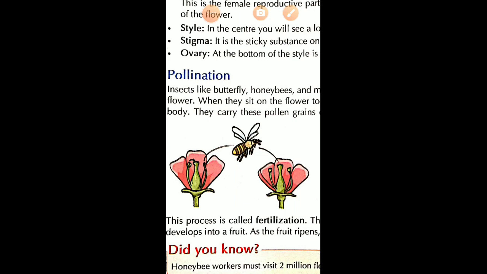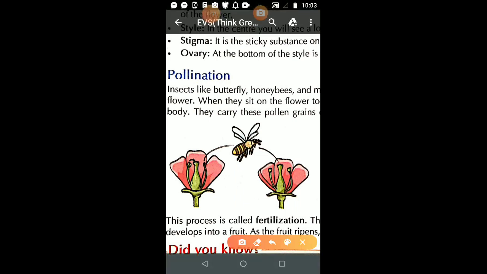For example, this is plant 1 and this is another plant. For example, maybe this is plant number 2. See, observe the picture, students. This flower is from one plant and this flower is from another plant.